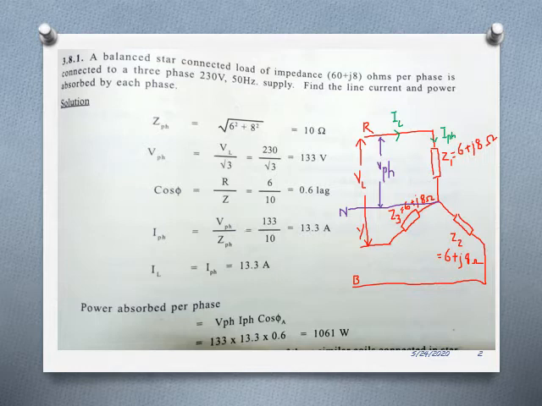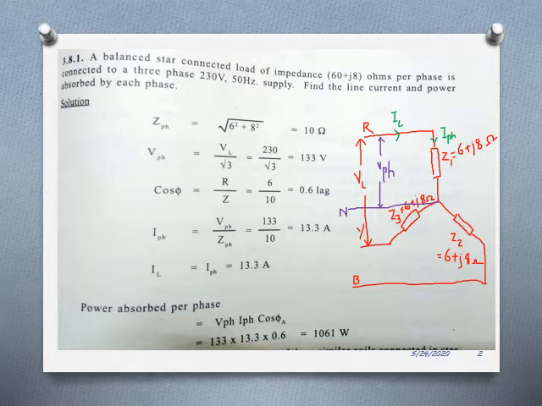Now this impedance is connected to a 3-phase 230 volt 50 hertz supply. The question is to find the line current and power absorbed by each phase. So the given quantities are impedance per phase, denoted as ZPH, and the impedance is given in the form 6 plus j8. 6 plus j8 is nothing but R plus jXL form.